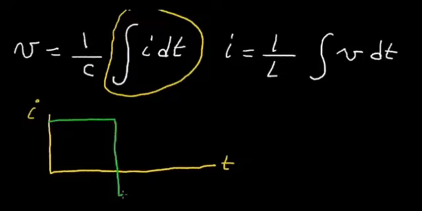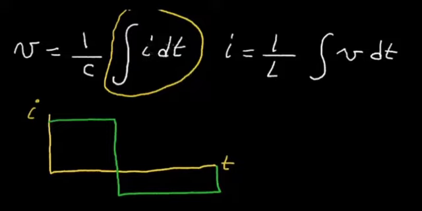Current goes negative, it stays negative, say until this time here. It goes back to 0 and stays at 0. So when you see this integral of I dt, think area. Think area under a curve.